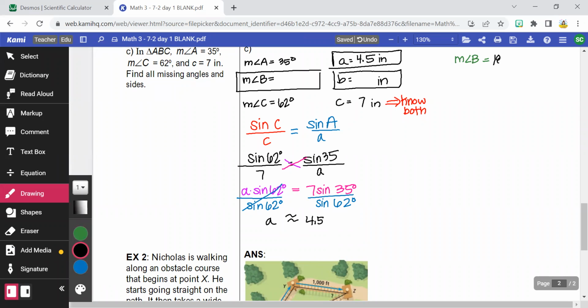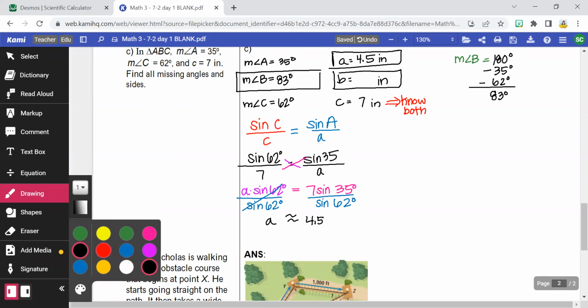So I'm going to take 180 degrees and subtract the measure of angle A, 35, and the measure of angle C, 62. And so 180 minus 35 minus 62 is going to give me 83 degrees. Okay, so I've just found my second answer. The measure of angle B is 83 degrees.